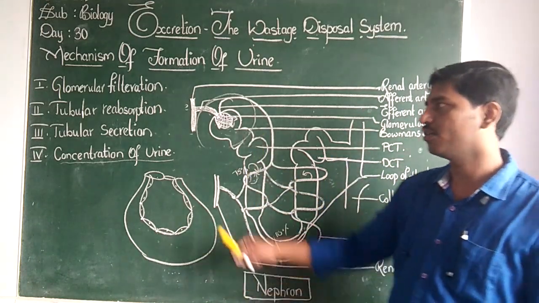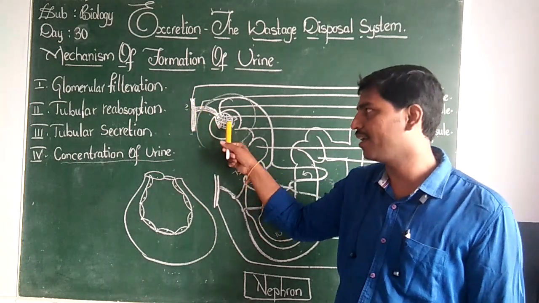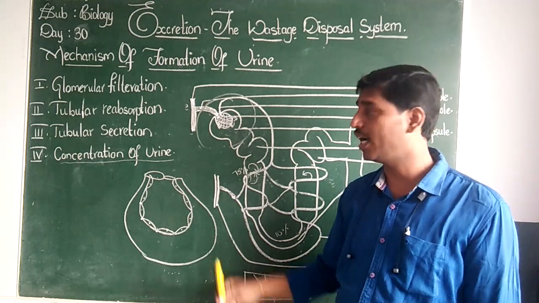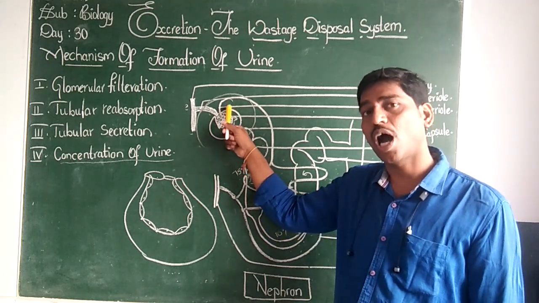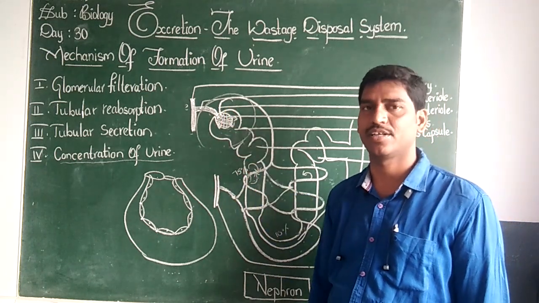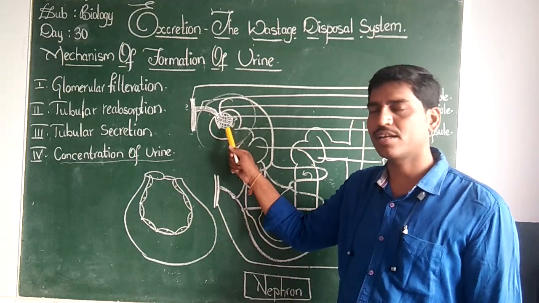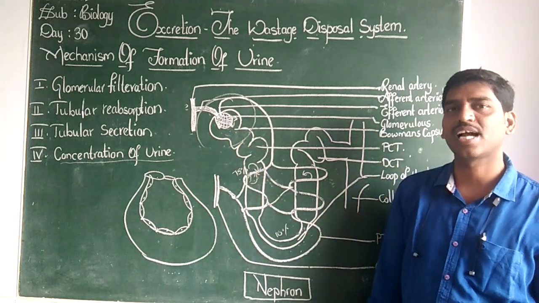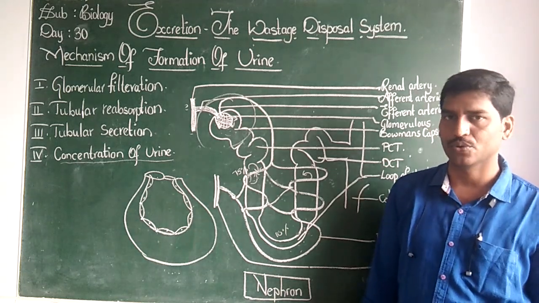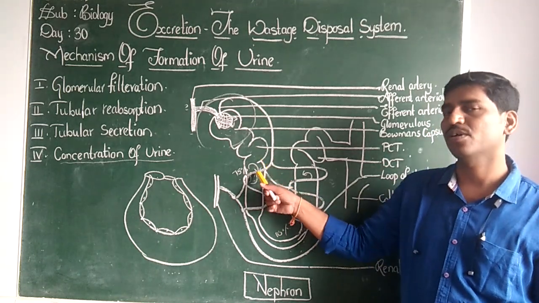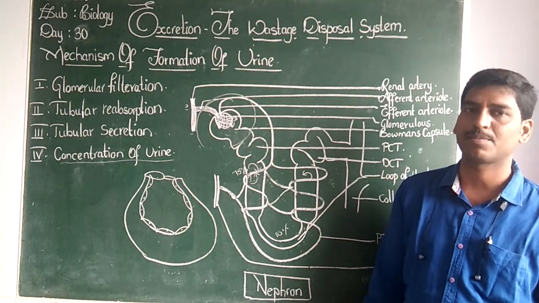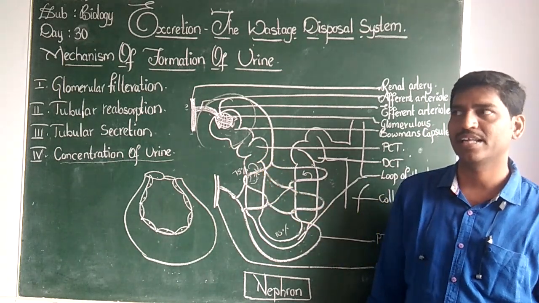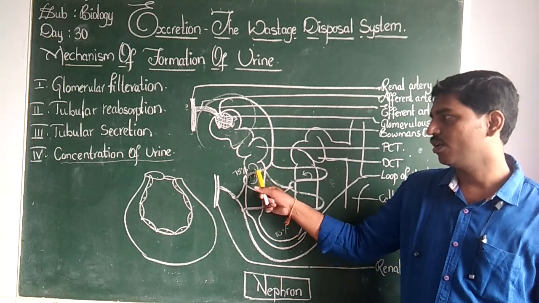So the blood which is passing is filtered out in the glomerulus, because of the narrow outlet of the efferent arteriole. The filtrate passing into the PCT is called primary urine. Whatever useful substances are present once again enter the peritubular capillary network.